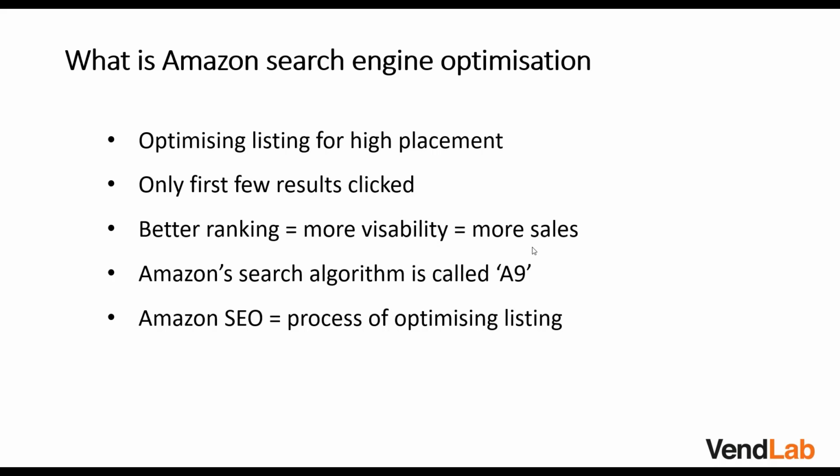Amazon's search algorithm is called A9, with A9 being a shorthand for algorithm. Amazon search engine optimization, or SEO, is the process of optimizing listings in terms of the content and also other factors like product reviews to ensure that your listings rank highly in the search results for particular key phrases.